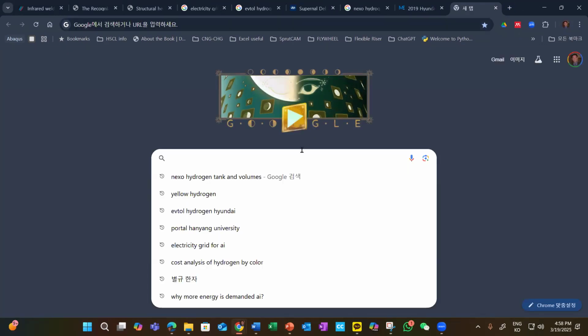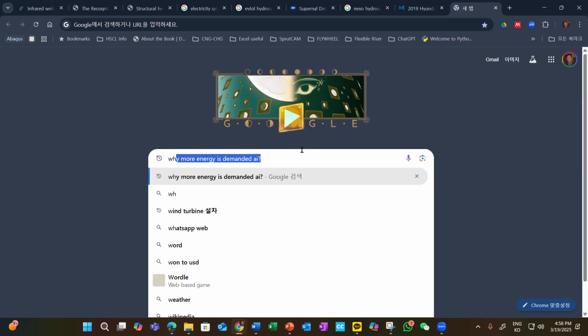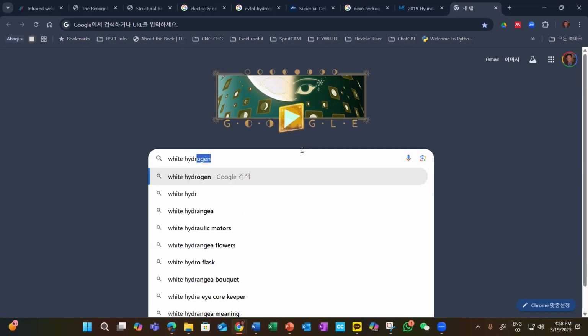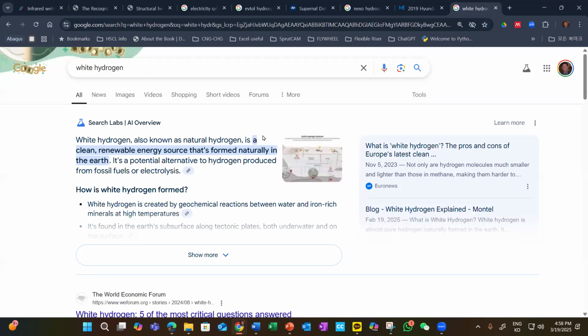Isn't it wonderful to have hydrogen which we can dig out or raise from the Earth, rather than using electricity and energy and then reforming CH4? So white hydrogen is the one.